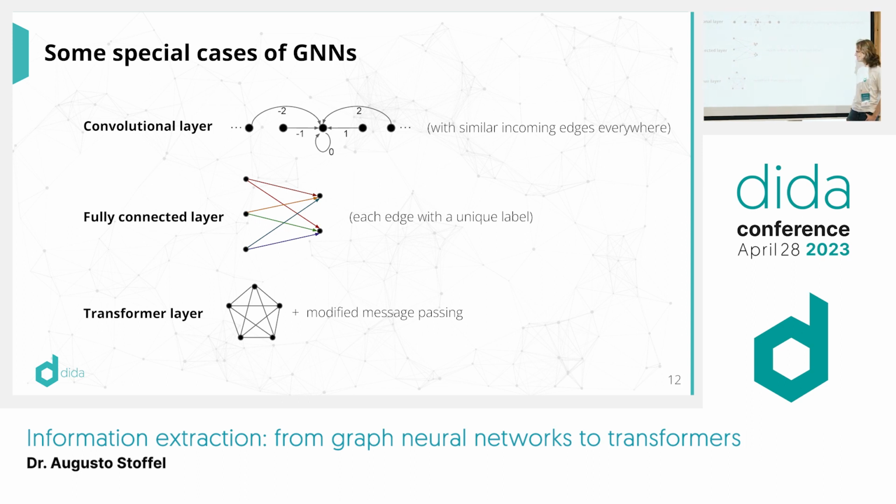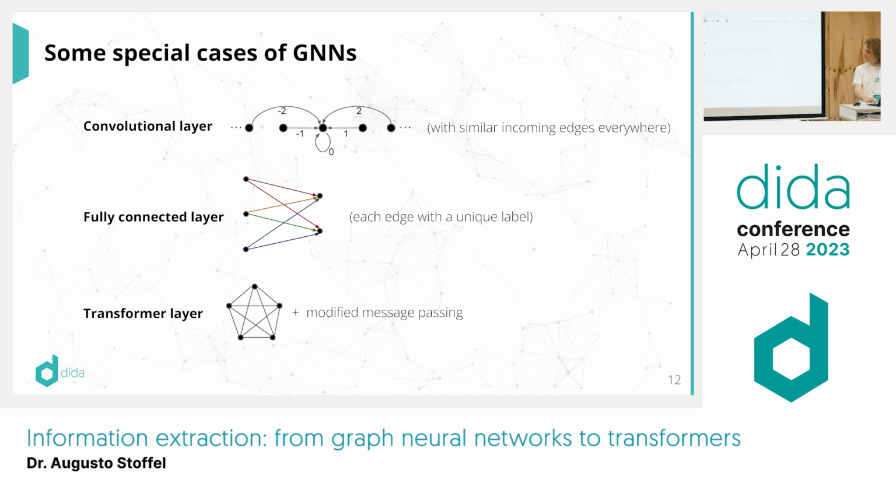And as a last example, if I have a complete graph, so every node is connected to every other node in both directions, but then I modify the message passing a little bit, such that instead of just summing up all the messages with essentially the same weights, this summing is weighted by relevance, where the relevance is calculated by some bilinear product of the features of the incoming and receiving node.